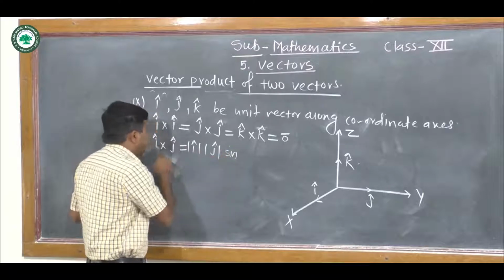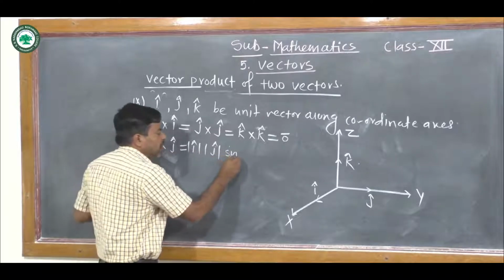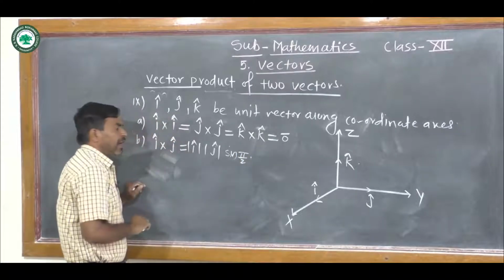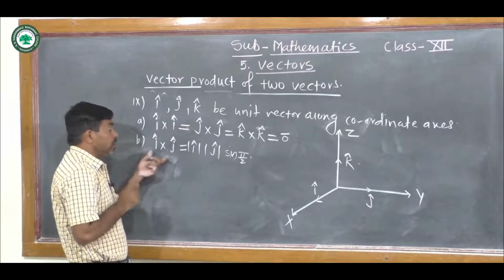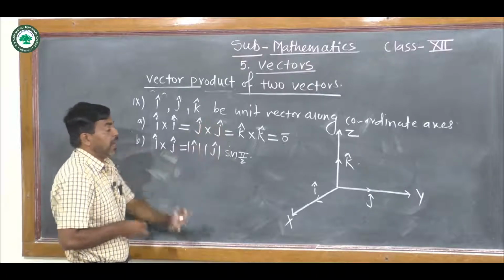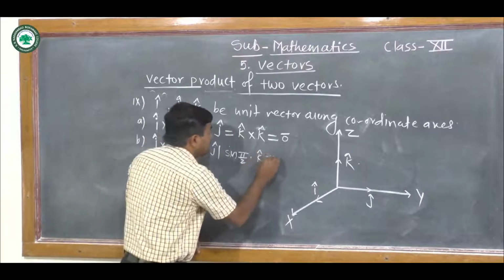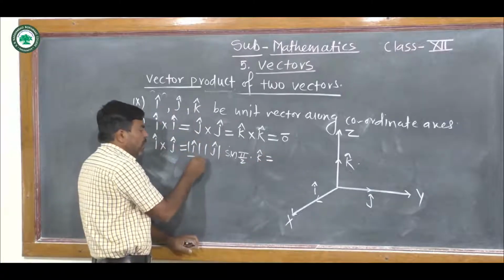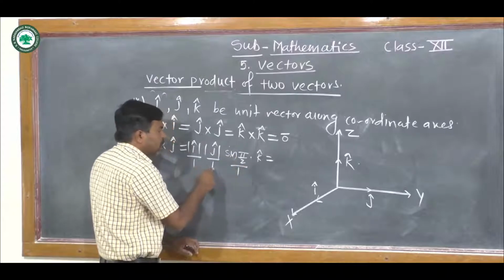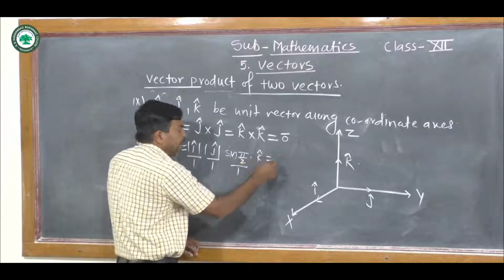Since i cap is perpendicular to j cap, it is sine of pi by 2, that is sine of 90 degrees, into the unit vector which is perpendicular to both i cap and j cap, and that is k cap. So the magnitudes are 1, the value of sine of 90 degrees is also 1, so 1 into 1 into 1 is 1, and into k cap, that is k cap.